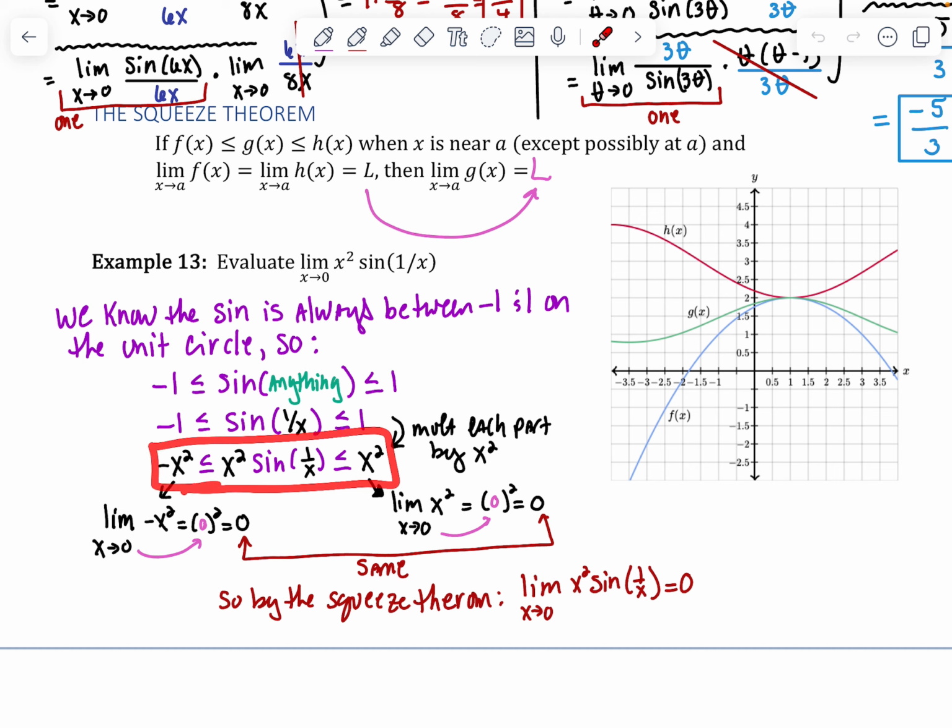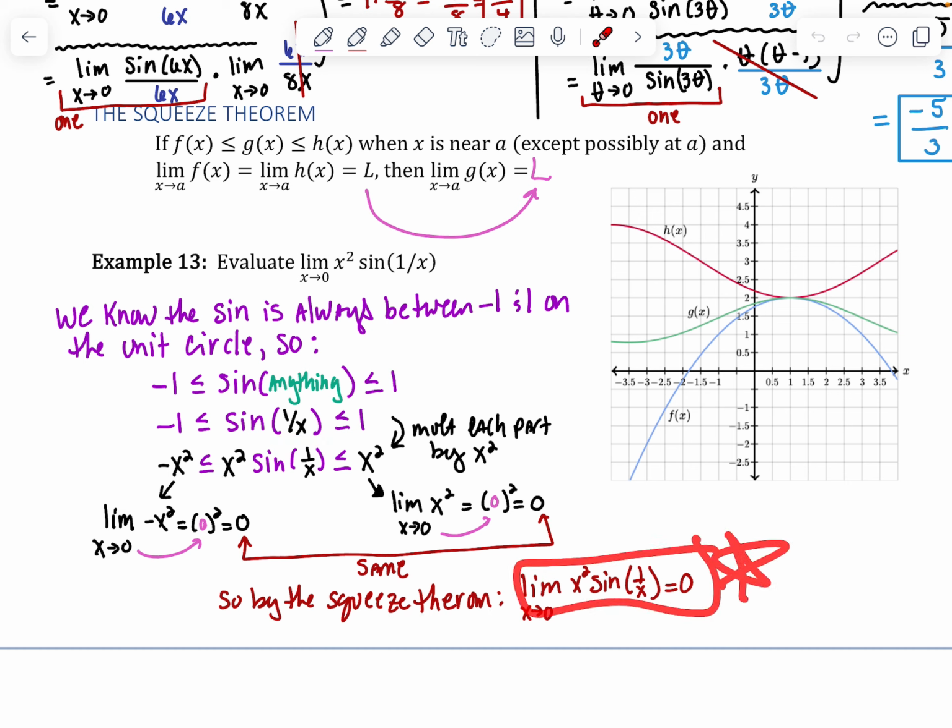So I now have this line here where if I take the limit of the left side, direct substitution allows me to plug the 0 in and get 0 out. The limit of the far right or third function, direct substitution allows me to plug 0 in and get 0 out. So by the squeeze theorem, I know the limit of this middle function has to equal 0.